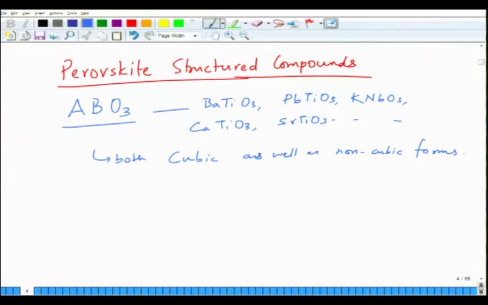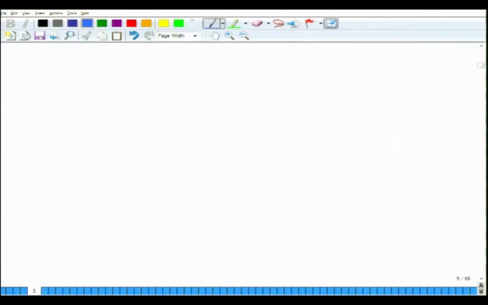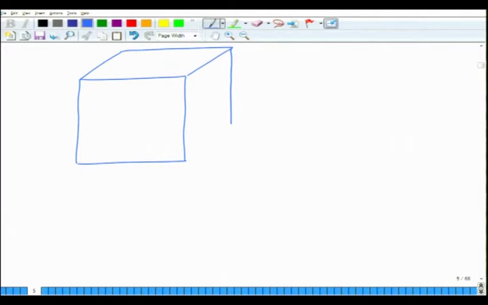So the way this structure is made is like this. In this unit cell, the oxygen atoms, if I refer to them as orange, occupy the face centers of this cube.